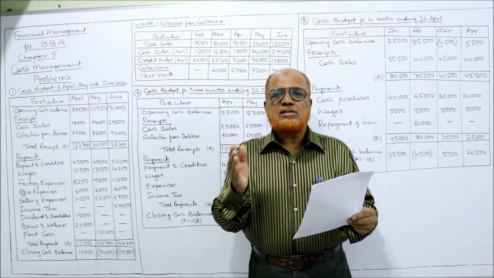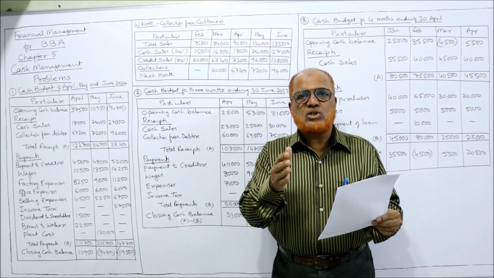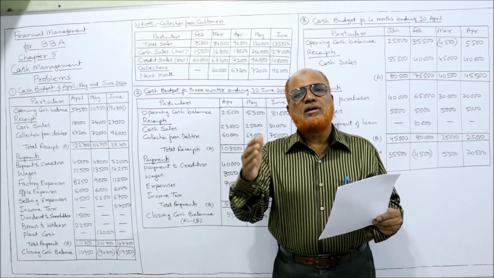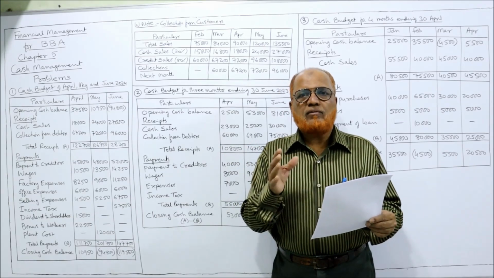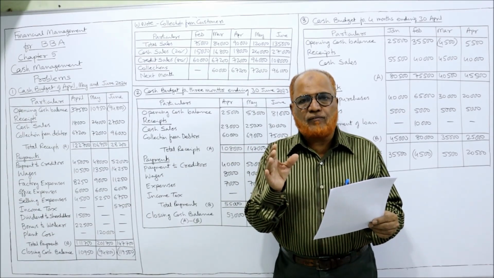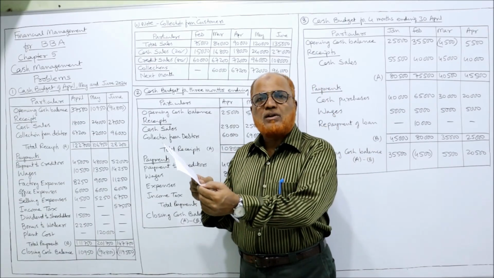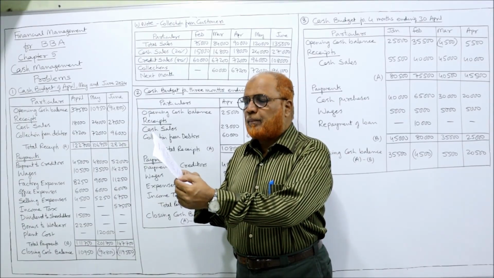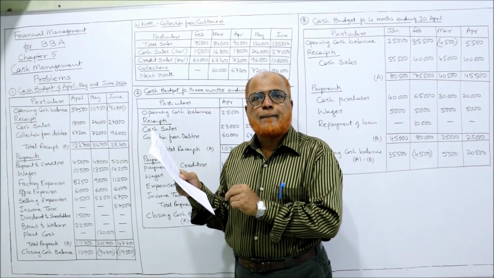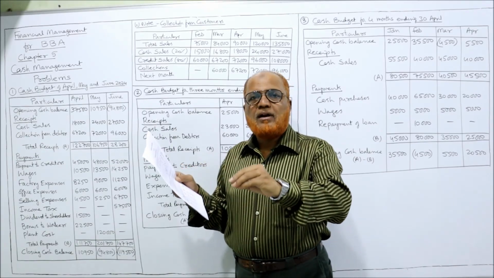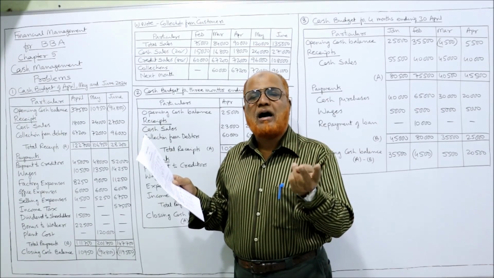For example, if we purchase goods in January, we have to make the payment not in January or February, but in March. Similarly, whatever we purchased in February will be paid in April. That is the reason why February and March are also given. We are making the payment to the supplier 2 months after purchase.